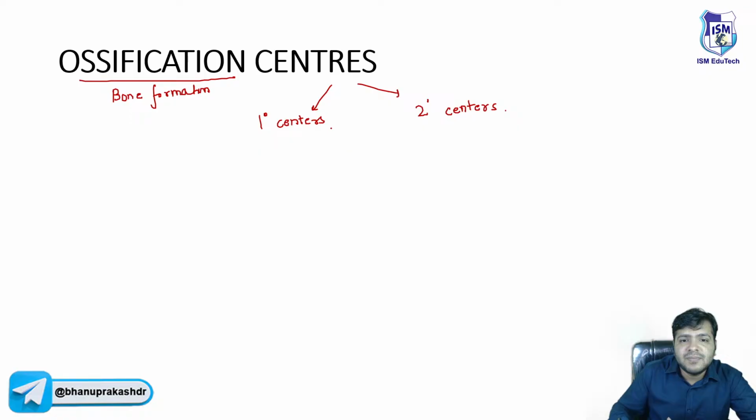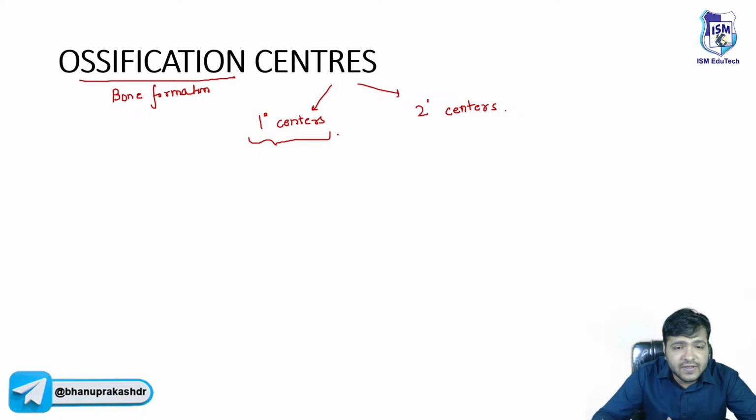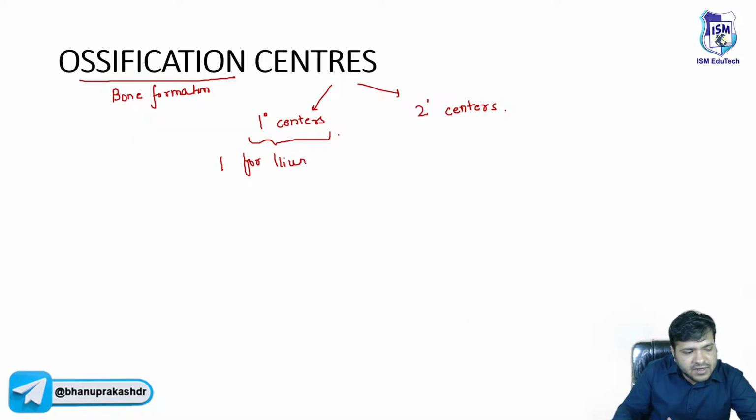So yes, primary centers, they appear in the intrauterine life. जब बच्चा माँ के गर्भ में होता है, whenever it is inside the womb of a pregnant woman, that time the primary centers will appear. So remember beta, one primary center will be there for ilium, that is around 8 weeks of intrauterine life.